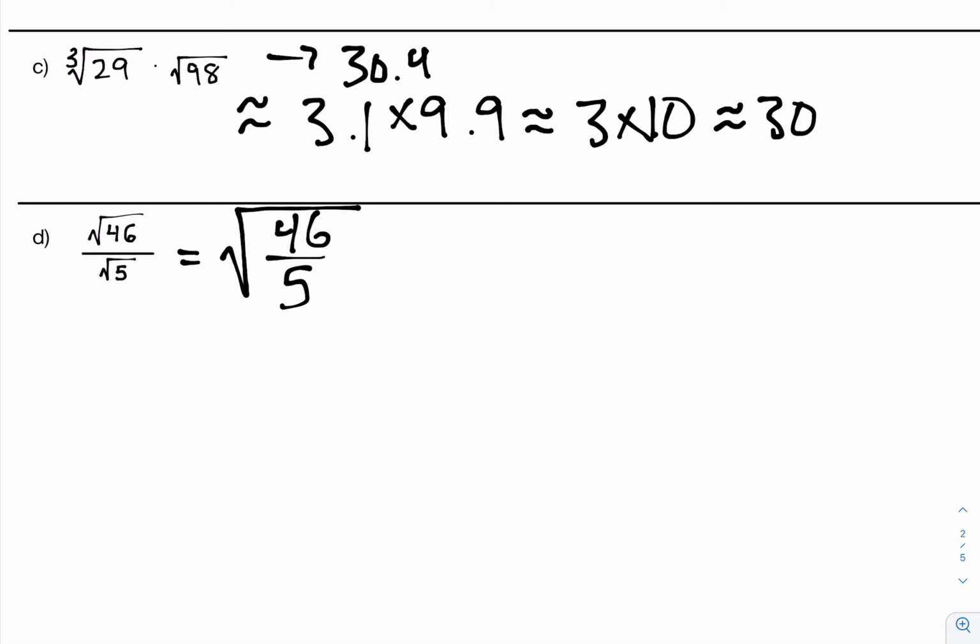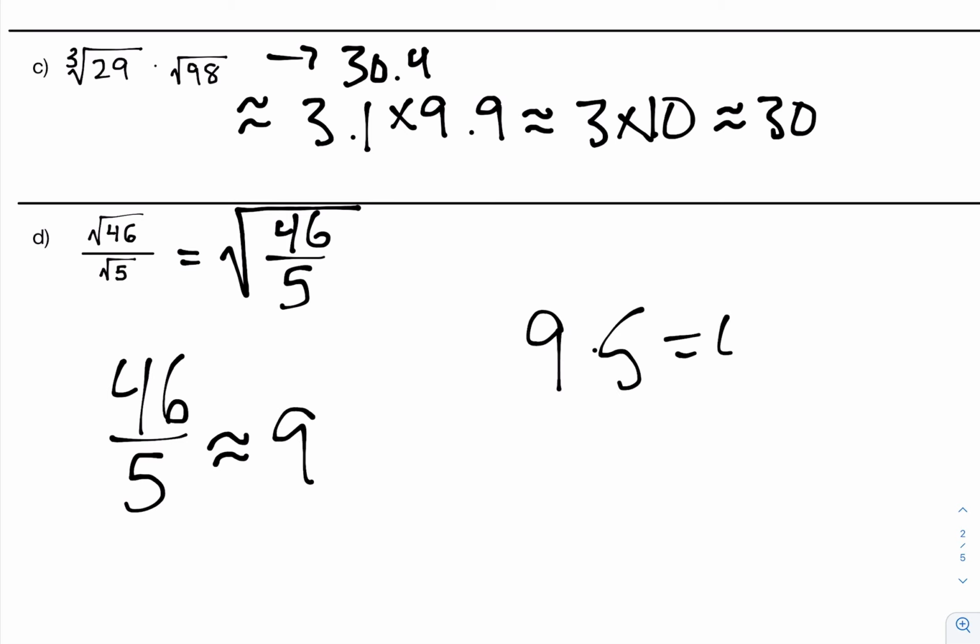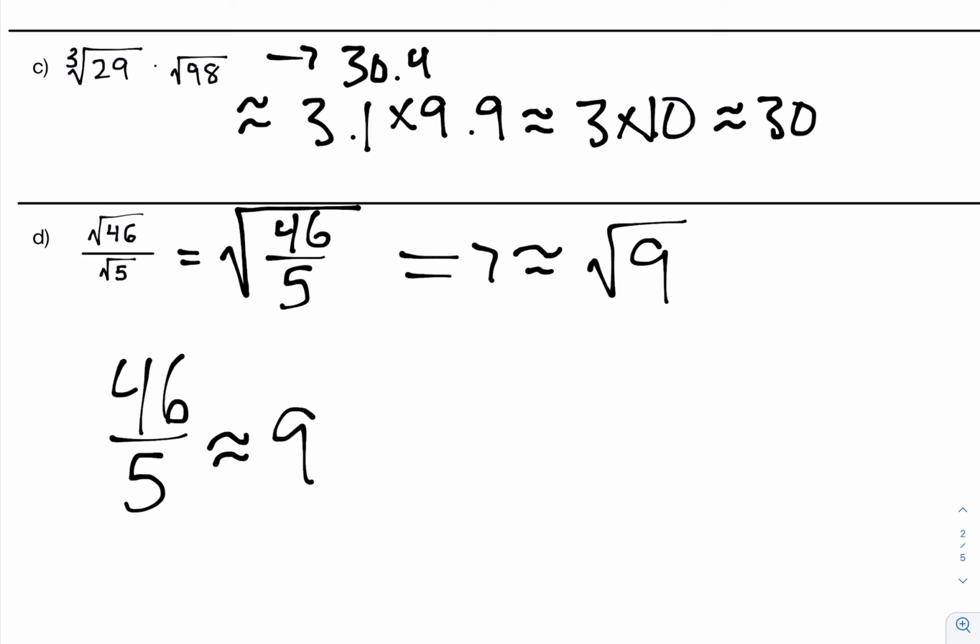Okay, and 46 over 5, that's about 9, because 9 times 5 is 45, and 46 is just over 45. So we can imagine this as approximately the square root of 9. The square root of 9 is 3. So since 46 is just over 45, I'm going to guess this answer is going to be about 3.1.